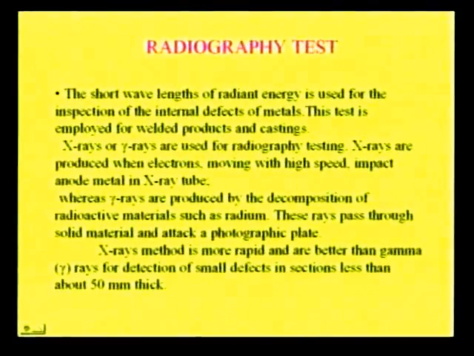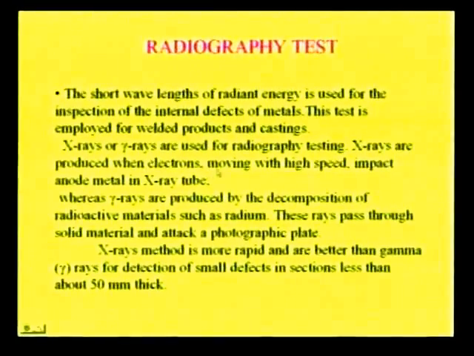Such blowholes and other cracks are difficult to find by destructive methods, so we go for non-destructive methods such as the application of X-rays and gamma rays for finding the internal defects.